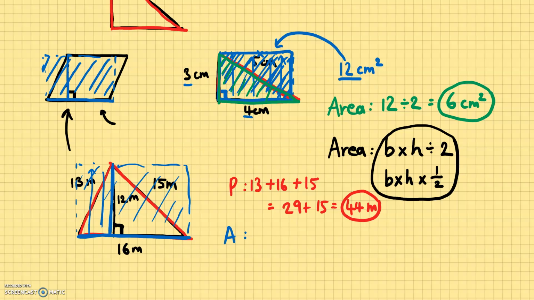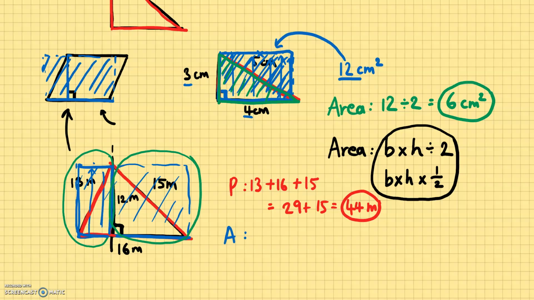But if you cut this in half like this, you can see that this part on the left side, the triangle part is exactly half of the rectangle part, right? And it's the same on the other side.